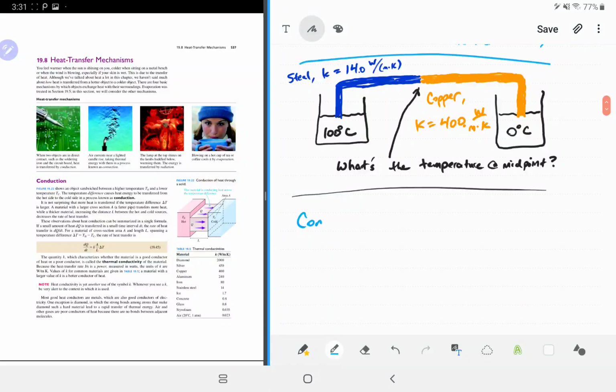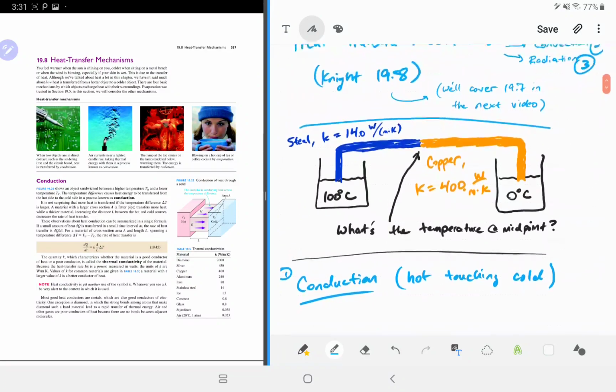Okay, the first heat transfer mechanism that we're going to go over is conduction. And this is basically just a hot thing touching a cold thing. Hot touching cold. So to me, this is the most basic one of them.